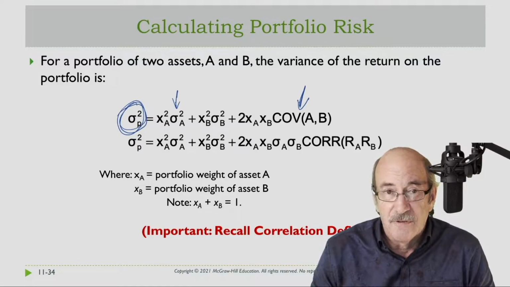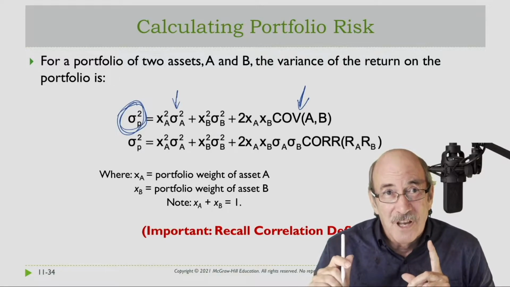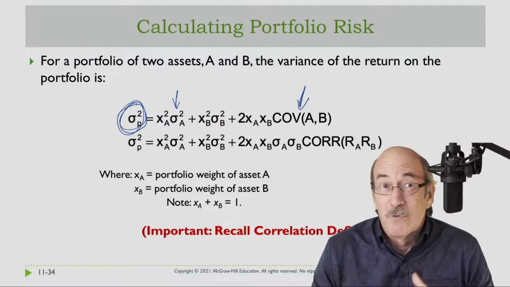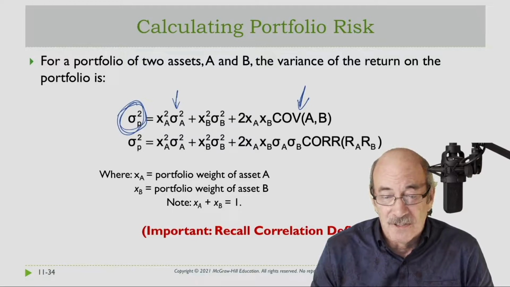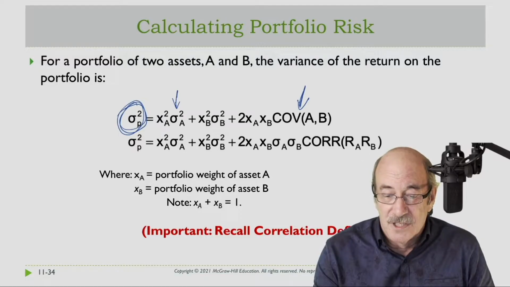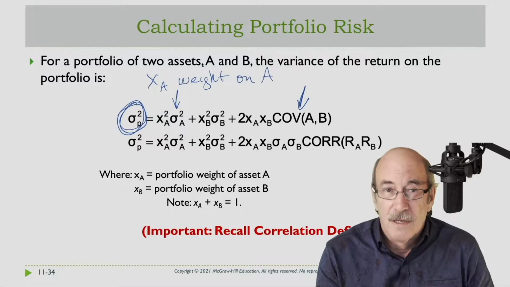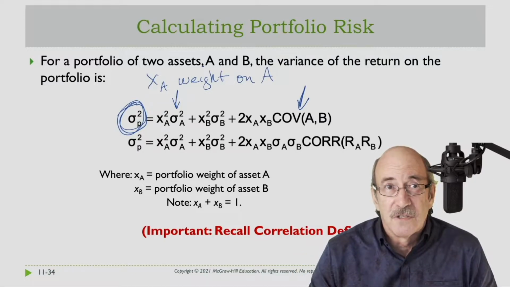So here's the formula. Now, unlike the expected return on a portfolio, which is simply the market value weighted sum of the expected returns on the individual securities, this one is a little uglier because the x's, X sub A, is the weight on A, and that's given in a market value weighted sense.